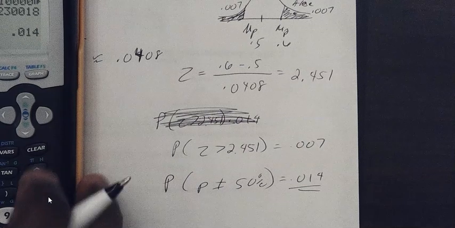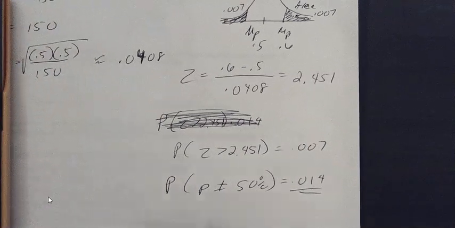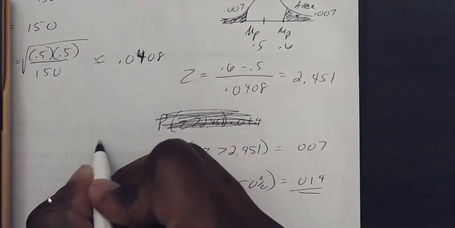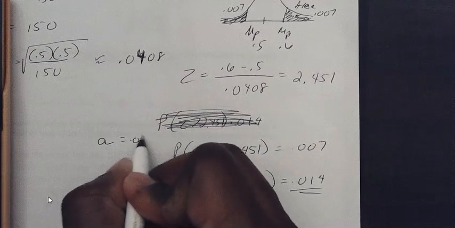They didn't give us a significance level, so we're going to assume it's 95% confidence, so we can assume our significance level is 0.05.